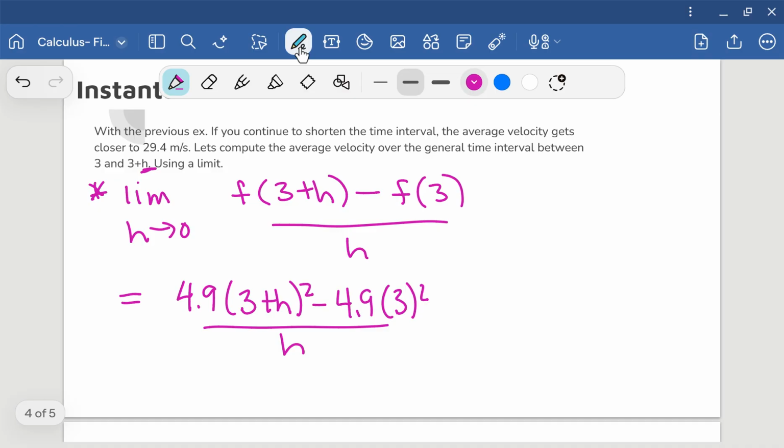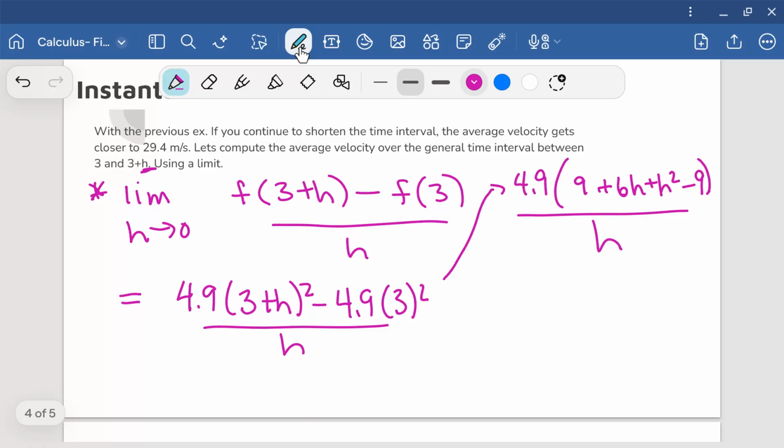Now we need to simplify all of this so we can expand it out and then factor out a 4.9. So I actually probably will take that 4.9 out first. And then if I did that, I would be left with 9 plus 6h plus h squared minus 9, and this is all over h. We can simplify this even further because this would cancel. And we would have 4.9 times 6h plus h squared all over h.